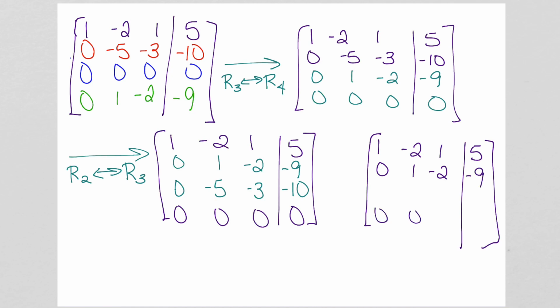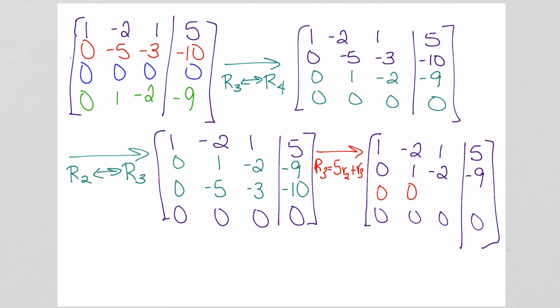Row 4 is good. We just need to change row 3 to get this spot a 0. So how do we make the negative 5 a 0? Add 5. So in row 3, we're going to do 5 times row 2 plus row 3.